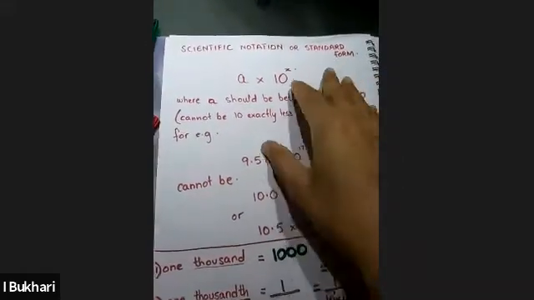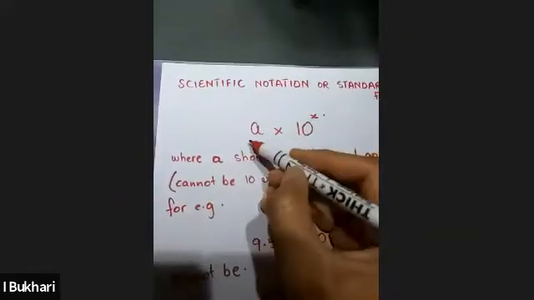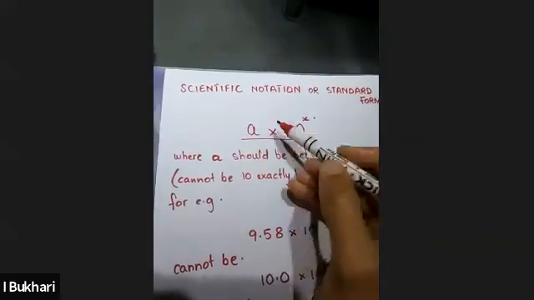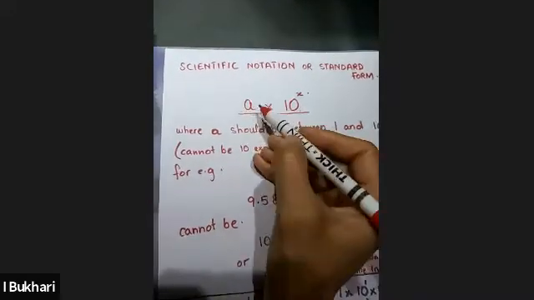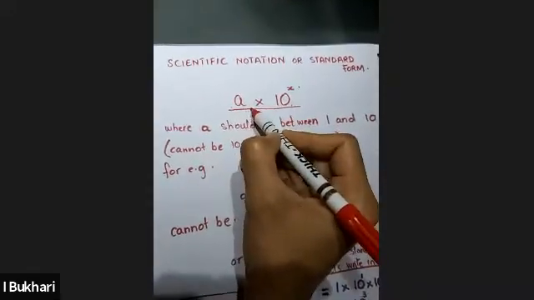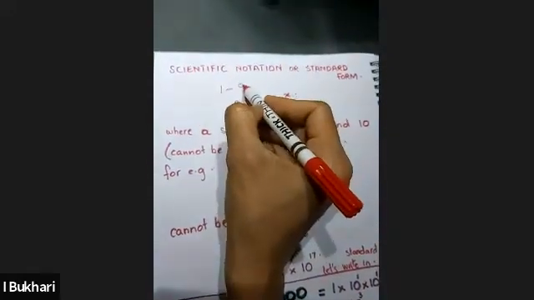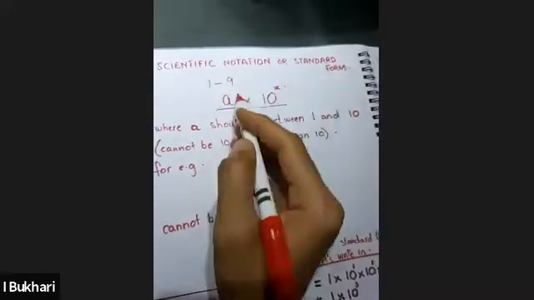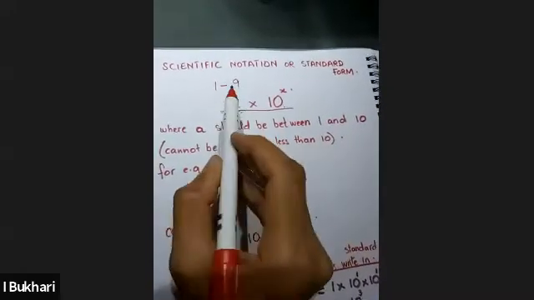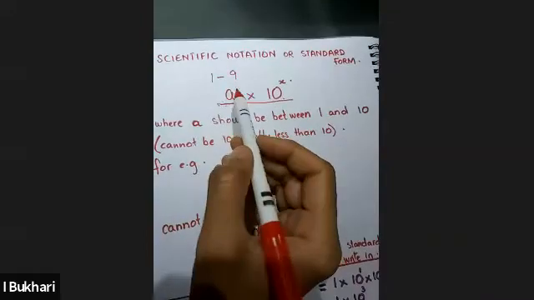Now, don't be confused by this. It just means that your number should be in this form, meaning A can be any number between 1 to 9. It should not be 10. It should not be any double digit number. It should be a single digit number and it cannot be 0.